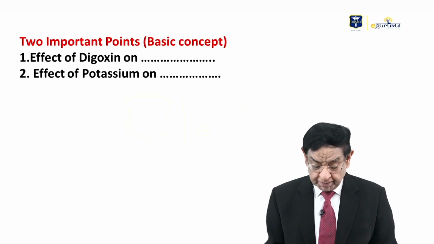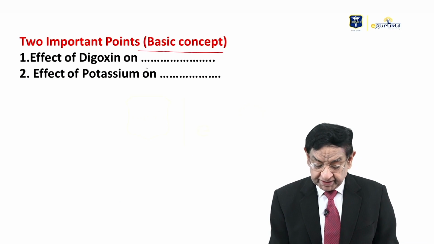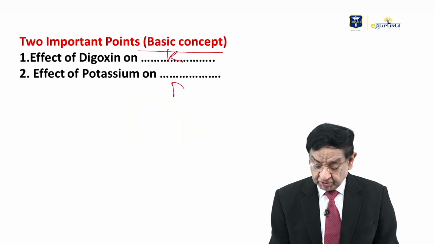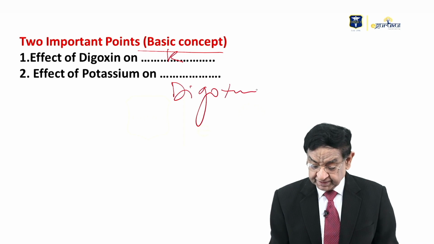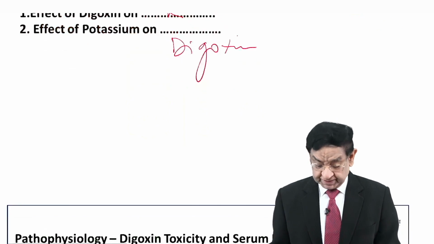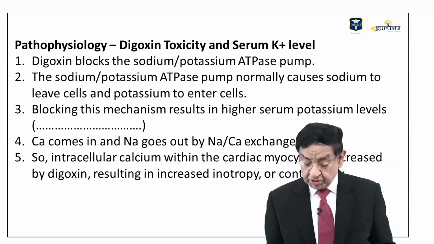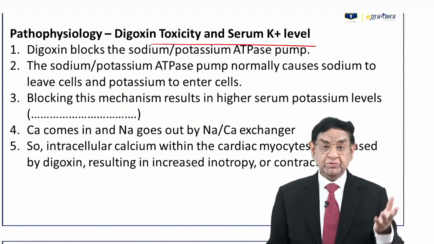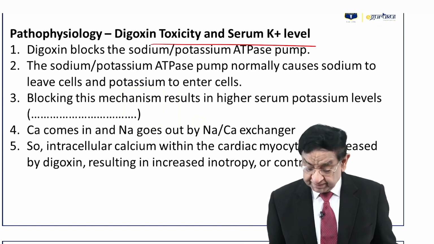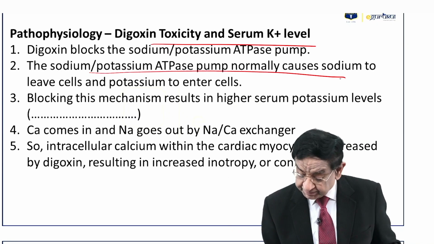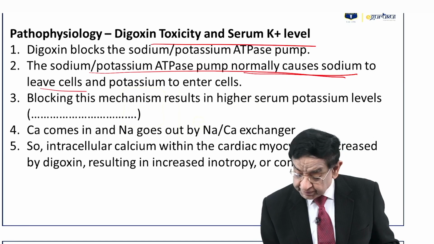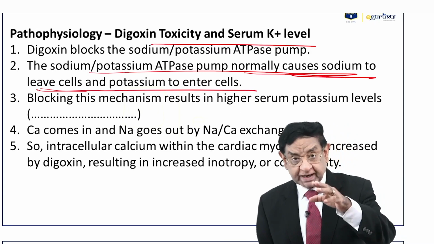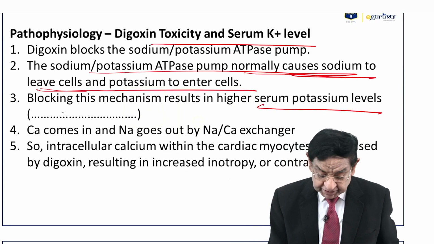So now there are 2 important points: the effect of digoxin on potassium and the effect of potassium on digoxin. Both have effects, right? So let's learn both of them. Digoxin toxicity and potassium level: as I told you, it is going to block the sodium potassium ATPase, and as a result, normally sodium leaves the cell and potassium enters, but by blocking this mechanism, serum potassium will increase and that leads to hyperkalemia.